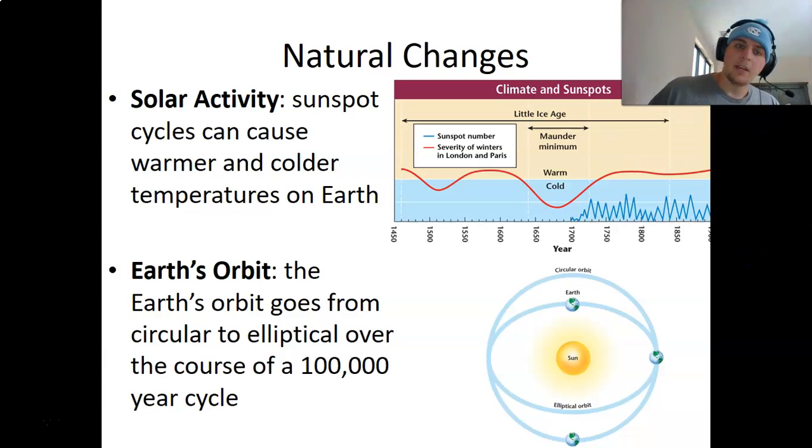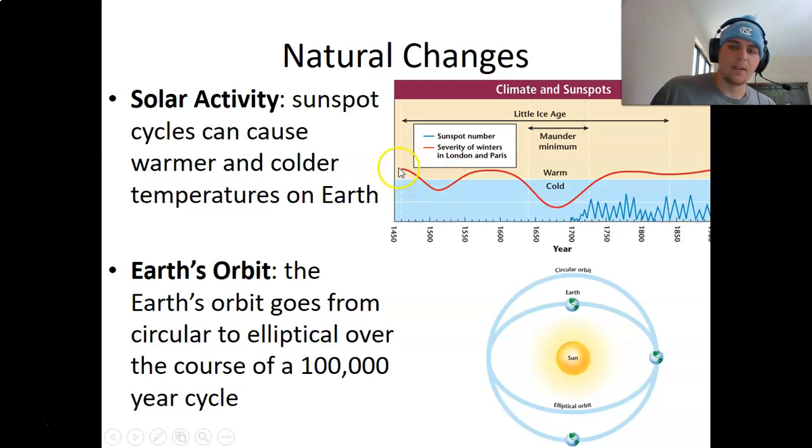Solar activity. Sunspot cycles can cause warmer and cooler temperatures on Earth. If we see here, the blue line down here is the sunspot number, which we didn't start recording until the mid-1700s. And then the red line is severity of winters in London and Paris.